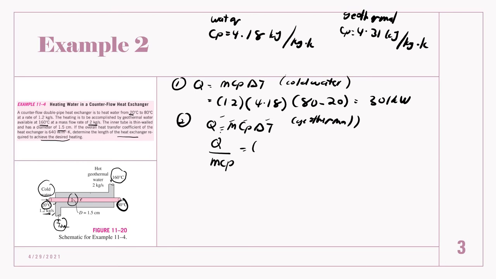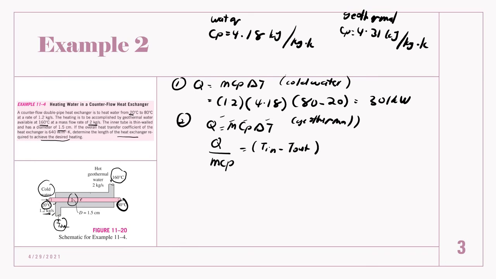So for this geothermal, the delta T is T in minus T out, because T in is greater as compared to T out. So the direction of the heat transfer is from high temperature to low temperature, right?